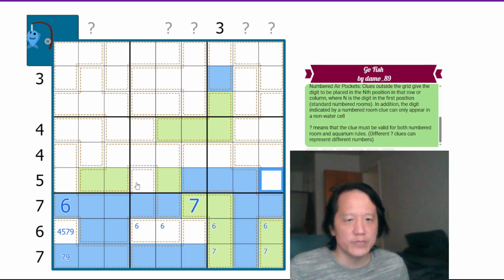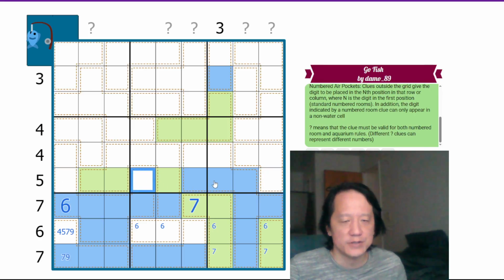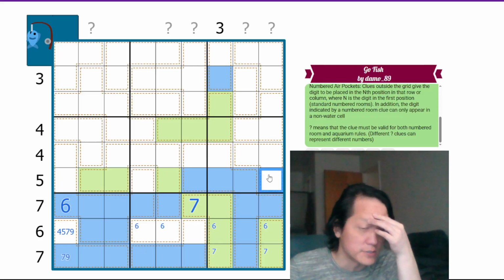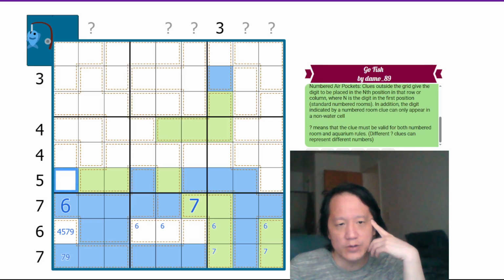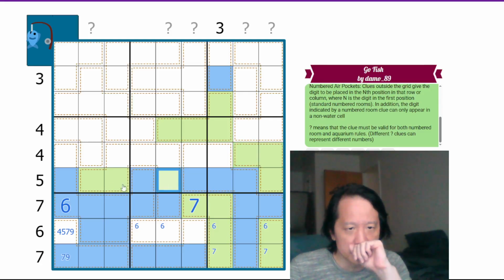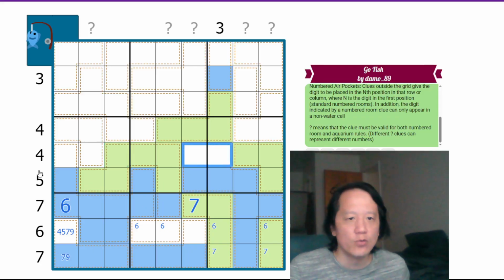And this can't be, either this is a pair and they're the same color and this is a different color. So to get to 5, we have to go here, here, and here, which means this is air here, which means this has to be air there. Since this is air, all of this has to be air. We have 4 waters in row 5.